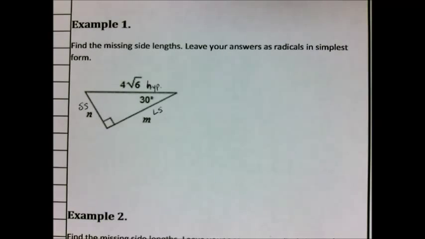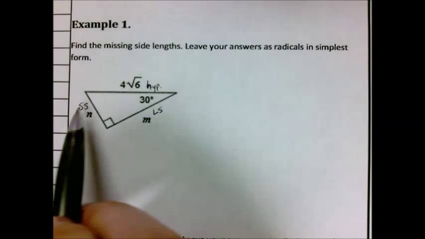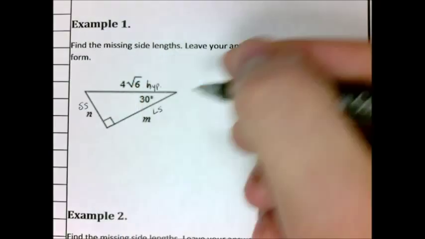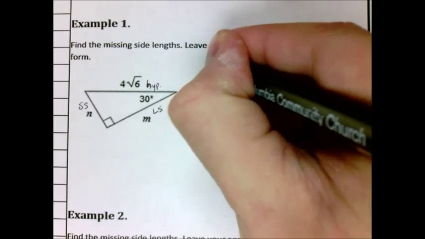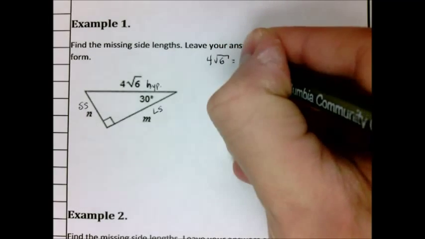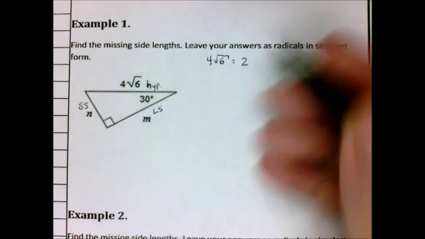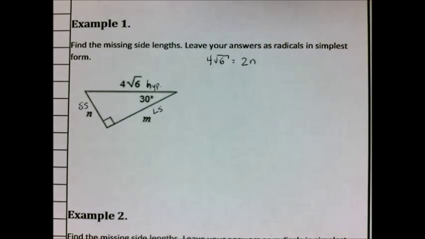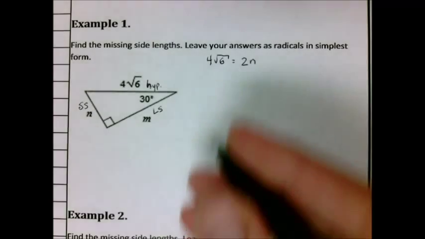Now we know the hypotenuse is equal to 2 times the shorter side. So our hypotenuse, 4 times the square root of 6, equals 2 times the shorter side, which is n. Now we've built an algebraic equation, and we can solve it for our variable n to find how long the short side is.